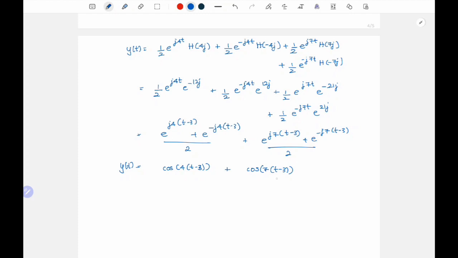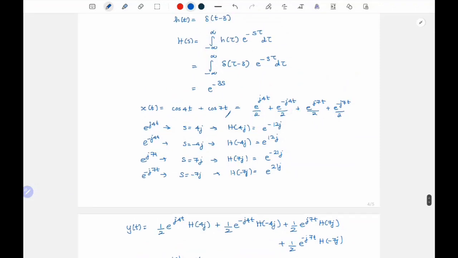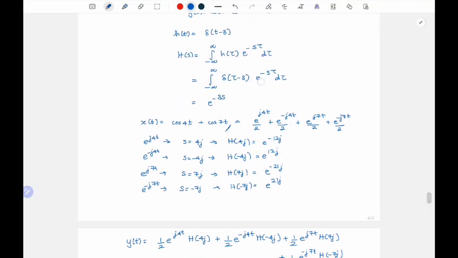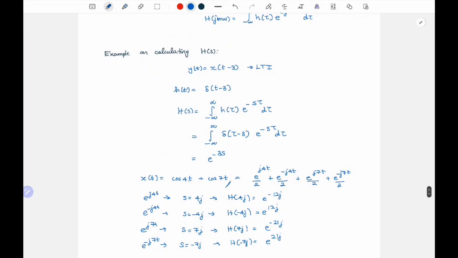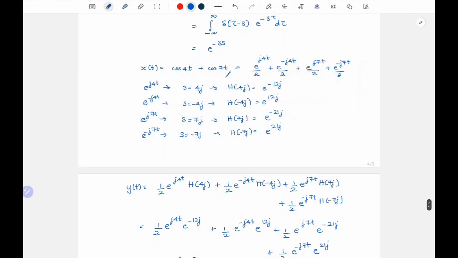This was a simple example, and you could have straightforwardly substituted t minus 3 here. But for some complex LTI systems, just substituting t minus 3 may not work out, and x(t) itself may not be a straightforward function like cos 4t or cos 7t. As the course proceeds, we'll see how to solve those.